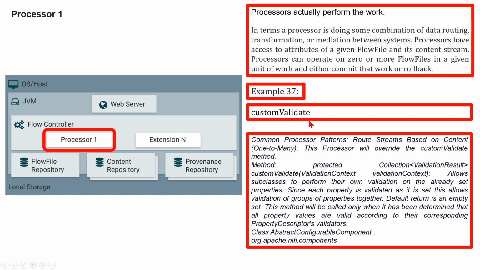For example, imagine that we want to have a RouteCSV processor such that it is configured with multiple regular expressions. If a line in the CSV file matches a regular expression, that line should be included in the outbound flow file to the associated relationship. If a regular expression associated with the relationship has apples matches thousands of lines in the flow file, there should be one outbound flow file for the has apples relationship that has 1000 lines in it.